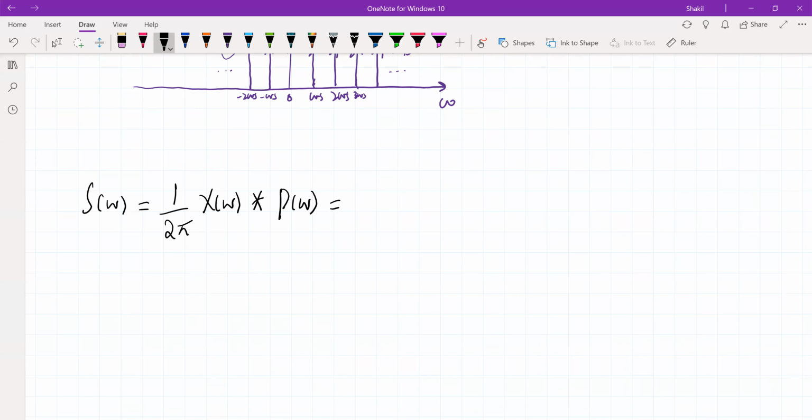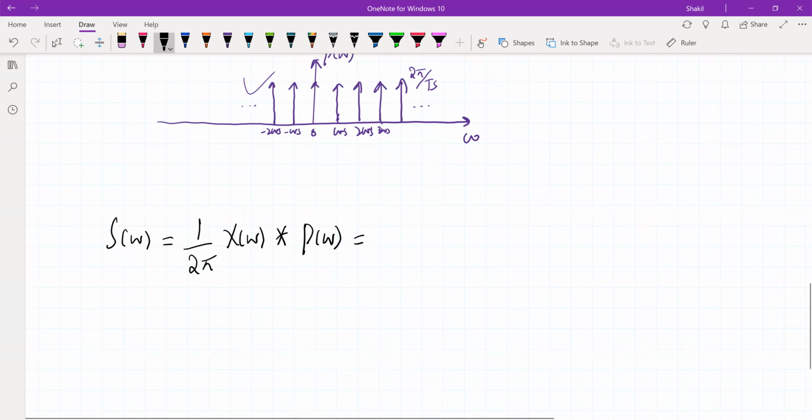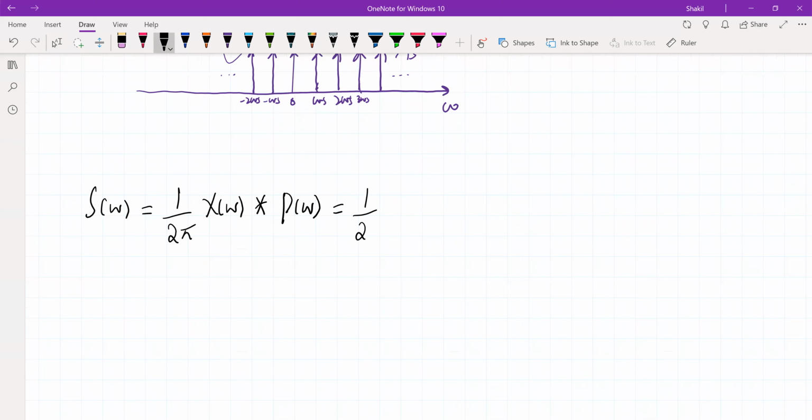If I substitute the value of P of omega, it will be 1/2π X of omega convolved with 2π/Ts summation, k running from minus infinity to infinity, delta(omega - k omega s). So this is the frequency domain representation of the signal.